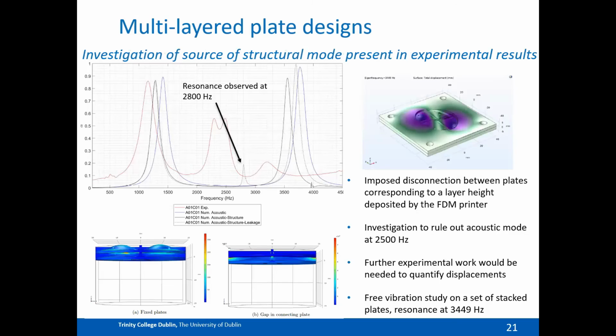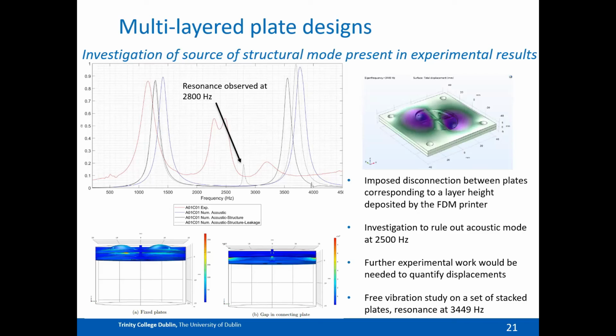So then, since I couldn't do more experiments at that stage, the rationale behind this was more to impose in between the plates a sort of leakage which corresponded to a layer height between the plates, to see was there some sort of disconnection and phase opposition.